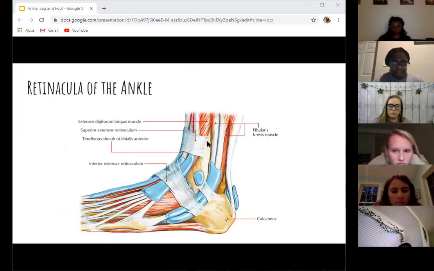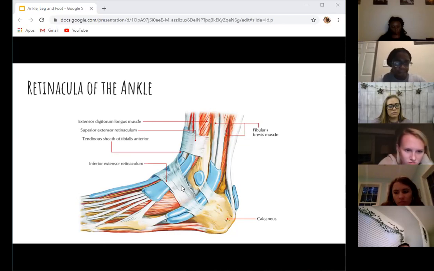So you have the superior extensor retinaculum, and then you have the inferior extensor retinaculum. This provides support for the tendons of the extensor muscles. The superior one is what crosses in front of your ankle, and the inferior one is more of a Y shape than a solid piece of retinacula.